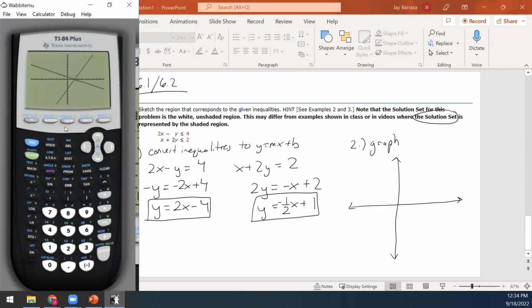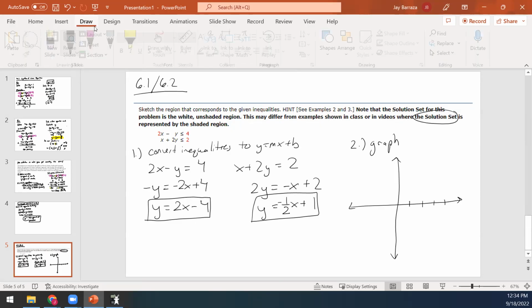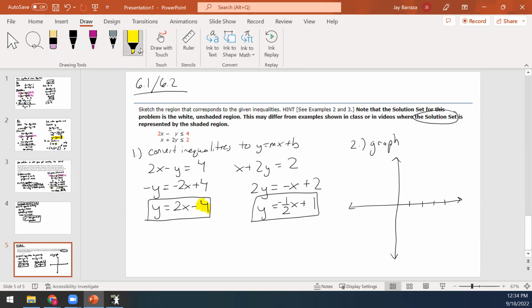Okay. So going back to my picture. If you press zoom 2, you can zoom in a little bit. Now, sometimes the zoom in isn't great because it might zoom in too much. But I see that they cross at 2. So if I want to draw that, this is 2. And then remember this number right here is the y-intercept. Okay. So I'm going to use different colors.